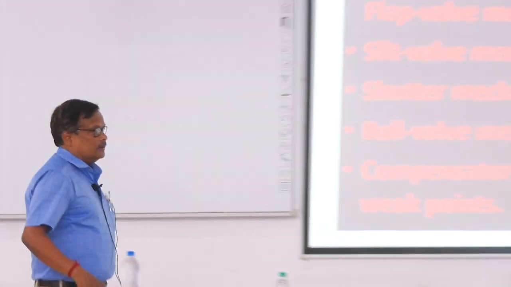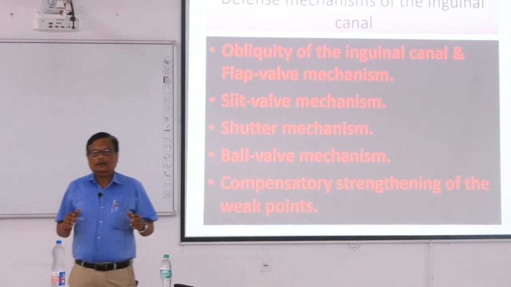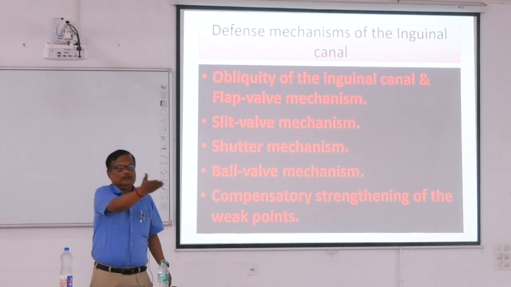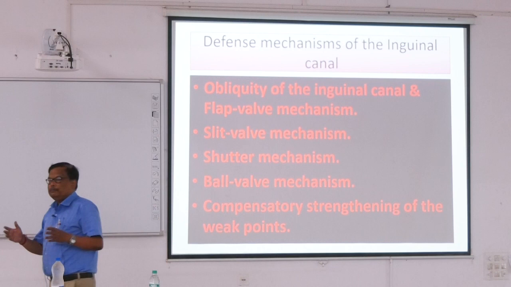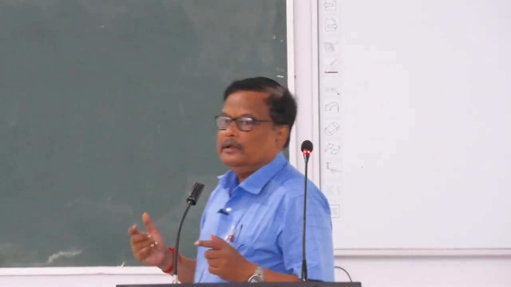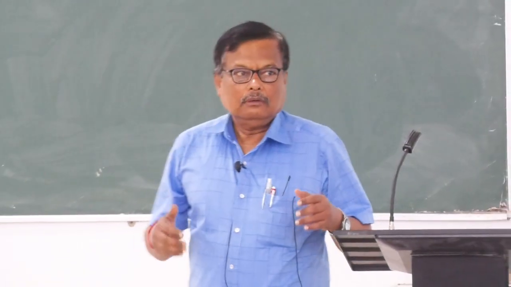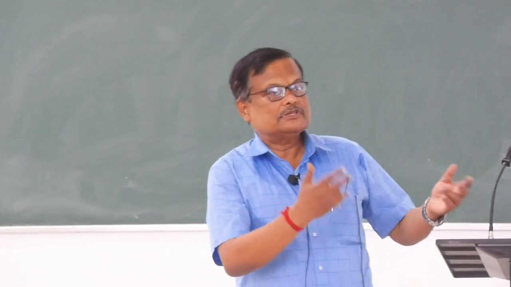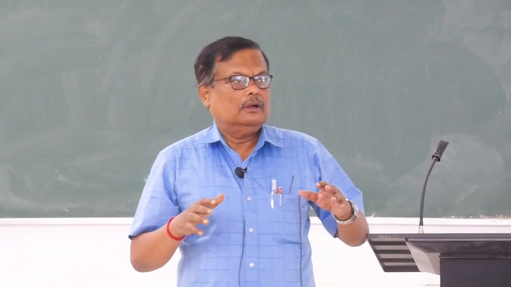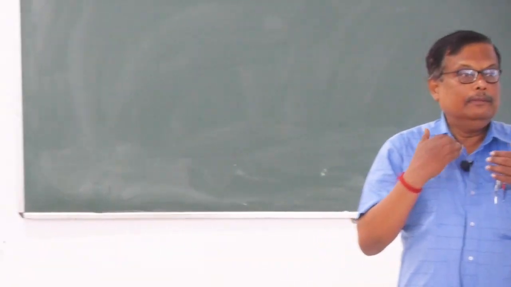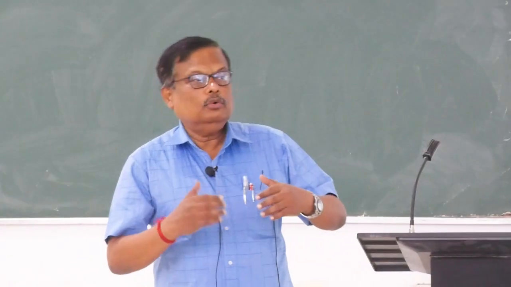Now the question is that practically why you, he, she, whatever may be, do not develop inguinal hernia. I am not developing it, but some persons are developing it. What makes us immune to this hernia?